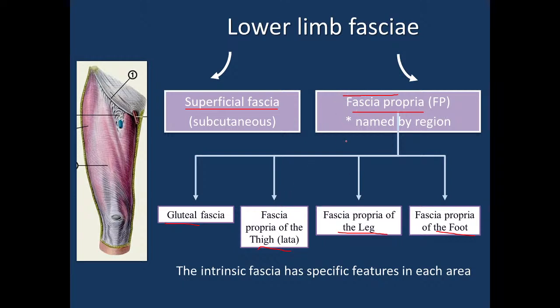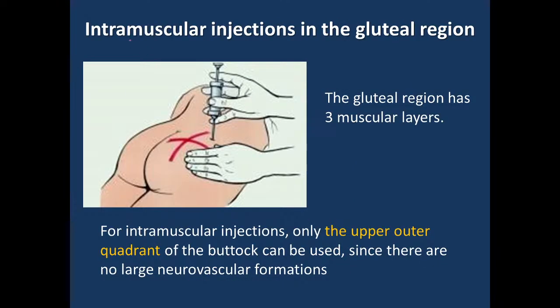This fascia, fascia propria or intrinsic fascia, helps muscles to move, and it is like a septum, or some kind of border between muscle groups.